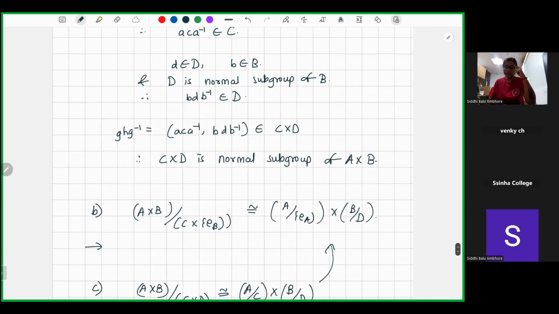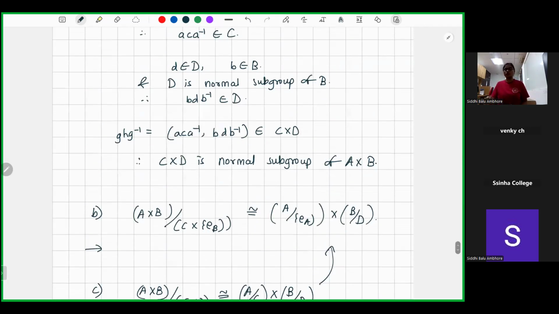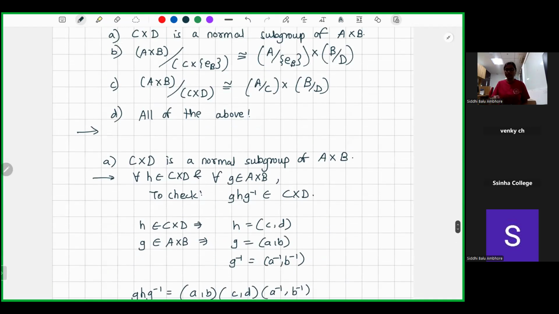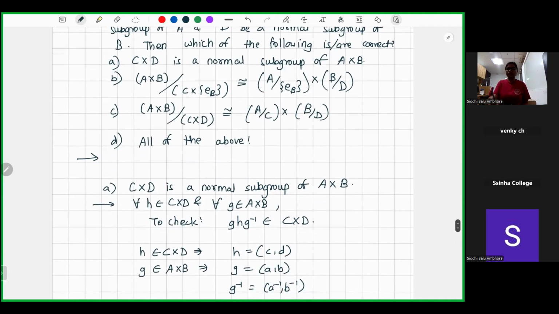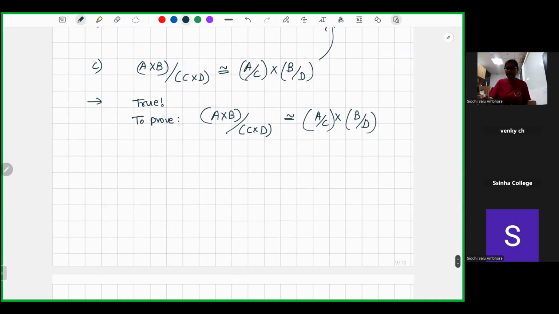Now this makes sense, this A cross B quotient C cross D, because we just proved in part A that C cross D is actually a normal subgroup of A cross B. So when we are writing this, it makes sense.